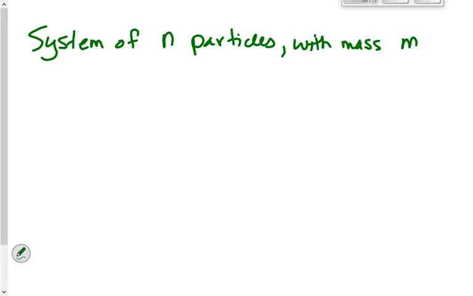With mass mn and located at positions xn. And just so that I know that I'm talking about the general case, I'm not going to put anything at the origin.